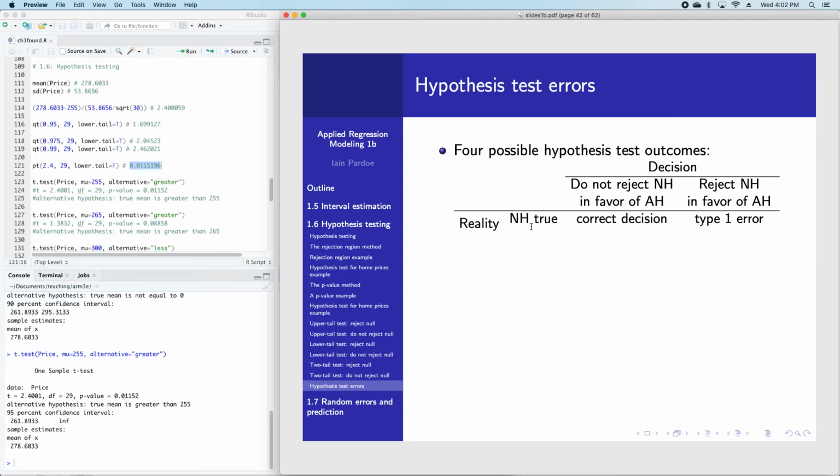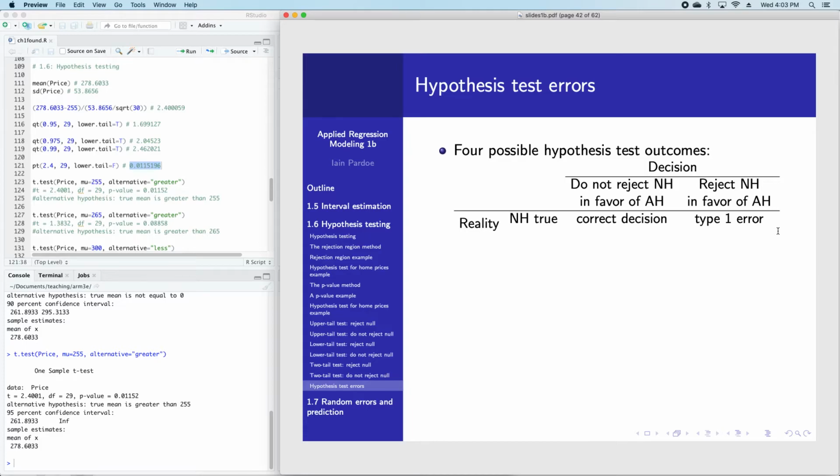But if the reality is that the null hypothesis is true, but we actually reject it because we get a test statistic in the rejection region, or because we get a p-value smaller than the significance level, then we'll have made a mistake. And that's called a type 1 error. Rejecting the null hypothesis when it's actually true.